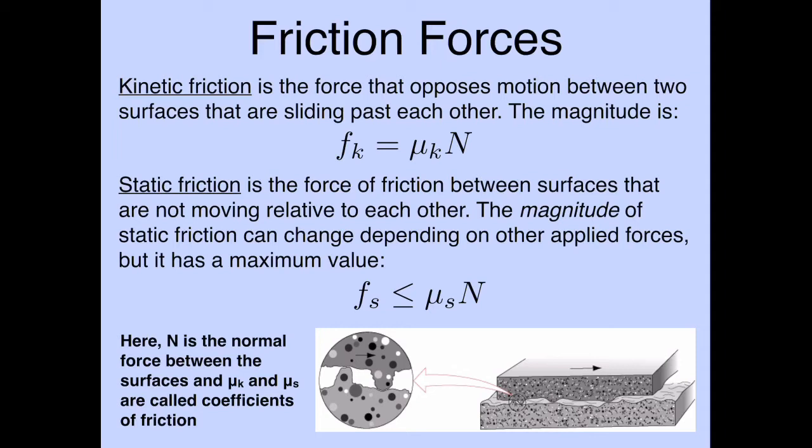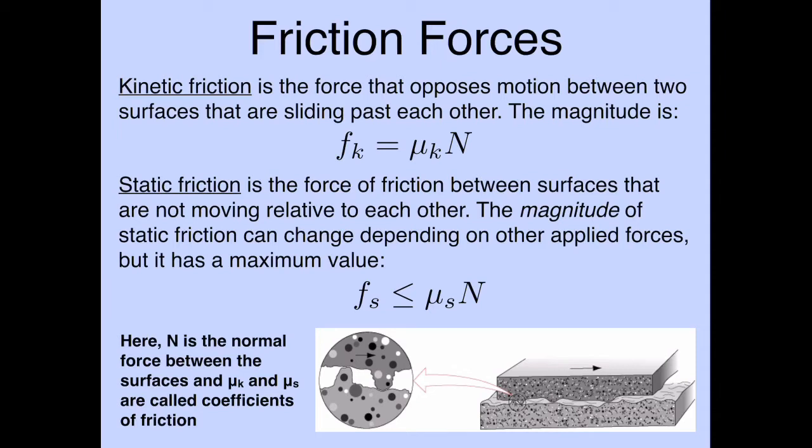So you're pushing the book, but it's not moving. What's holding it in place? What's preventing it from moving? Well, that's called static friction, okay? So it's different from kinetic friction because the 2 surfaces are not sliding past each other. They're not even moving. But static friction prevents motion between these 2 surfaces from happening in the first place.